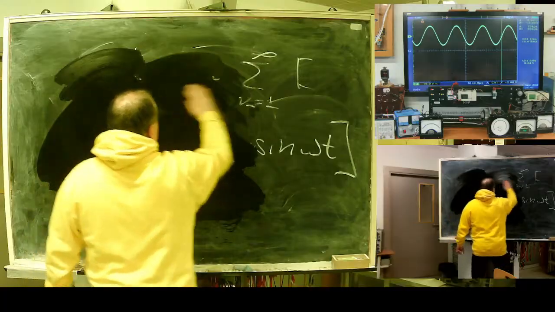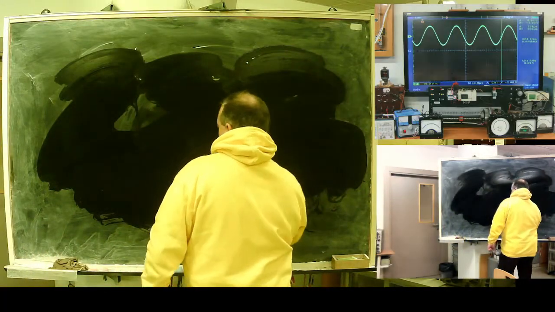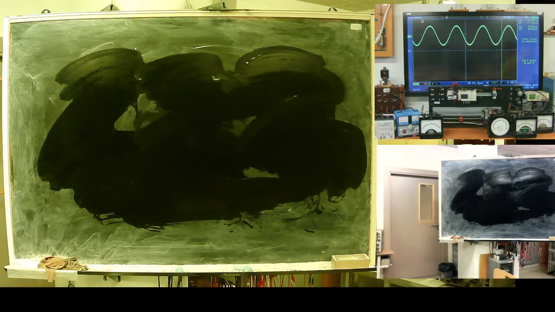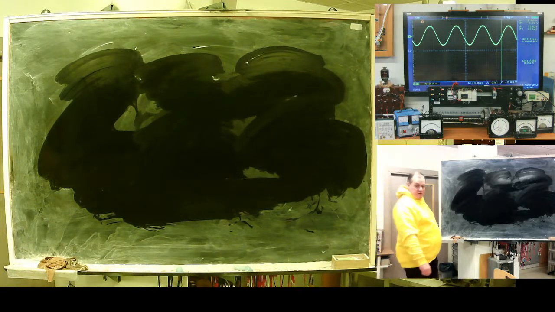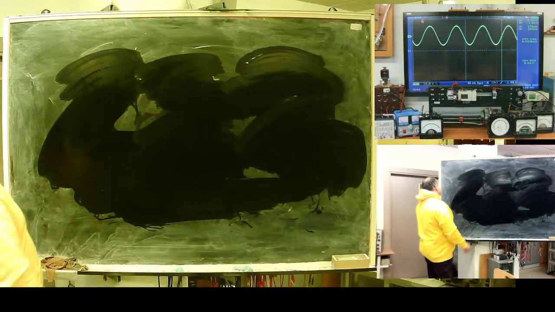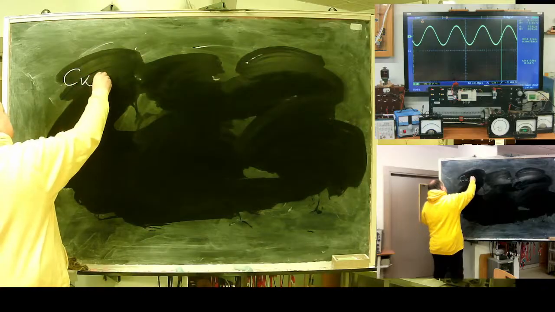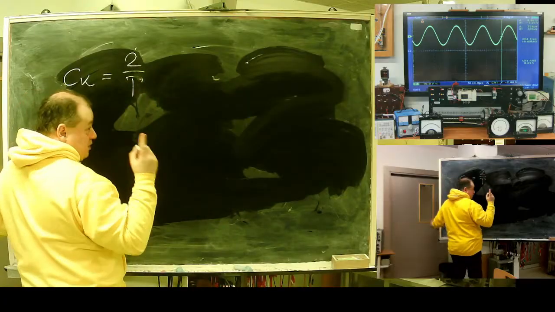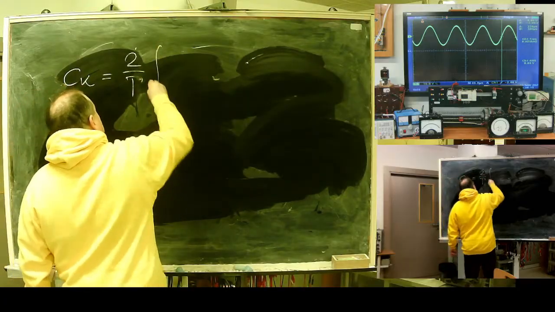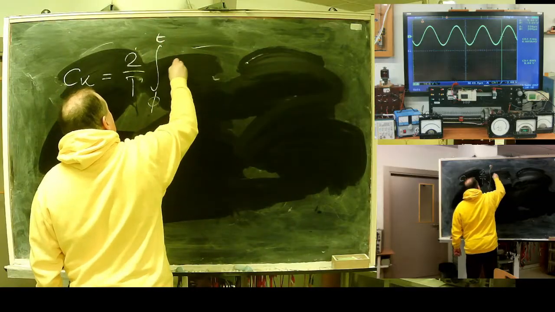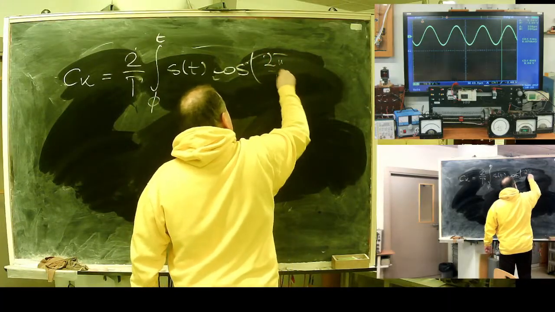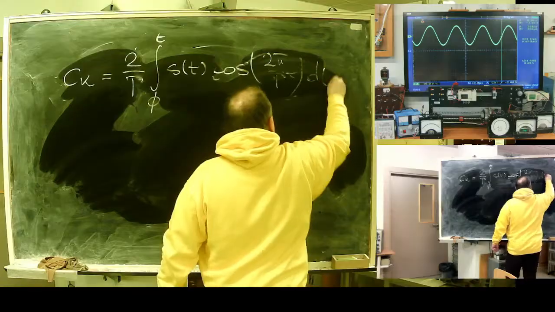Now, a less pleasant thing. I need to obtain C and S. Classical theory of Fourier series tells me what. Any cosine factor can be obtained as 2 divided by the period, for a periodic signal, integrating from 0 to T the signal times cosine of 2 pi divided by period multiplied by time, d time.